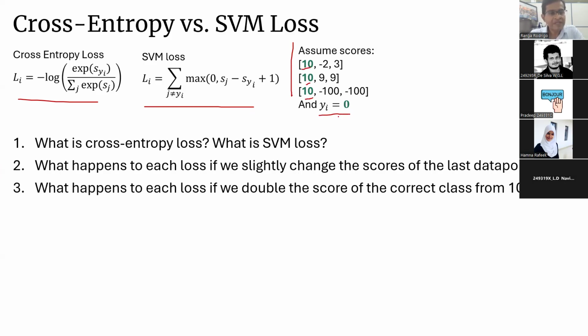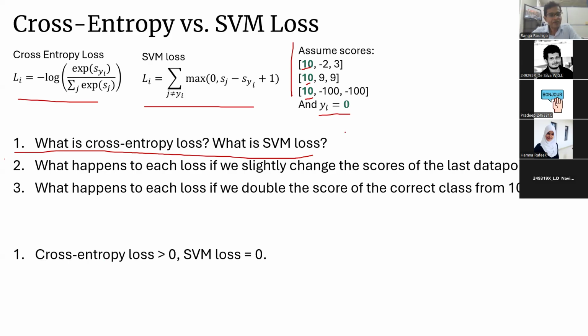What is the cross entropy loss? What is the SVM loss? You can see 10 is higher than the others. So obviously the SVM loss is going to be 0, but the cross entropy loss will be greater than 0 because the probability calculation is working.